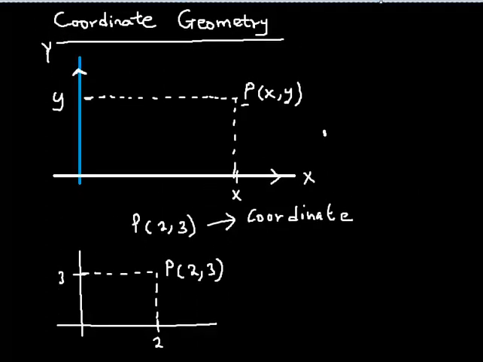The next thing we are going to talk about is increment in rectangular coordinates. Increment, or you can even call it change, in coordinate geometry in general is of two types. We have the x increment. The x increment is the same as the change in x, and I use delta x to represent it.